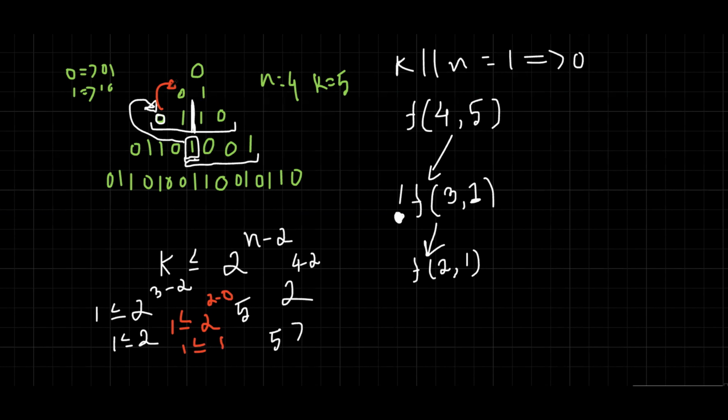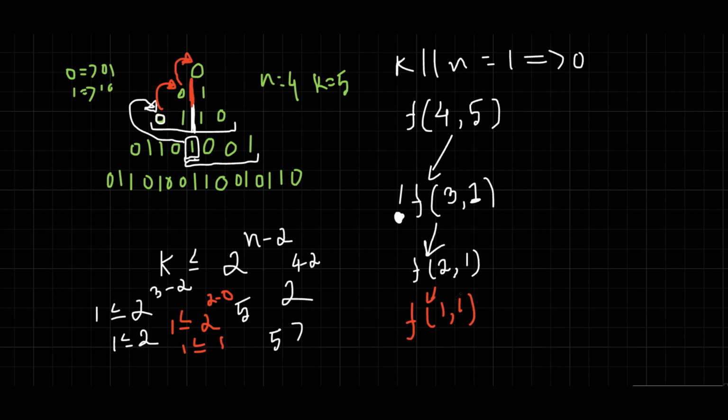So now the call will be into the function of the previous row and the corresponding k. Here, the row is decreased by 1, but k is still unchanged because this value 0 is present before the mid position. So now the call is in the top position 0.